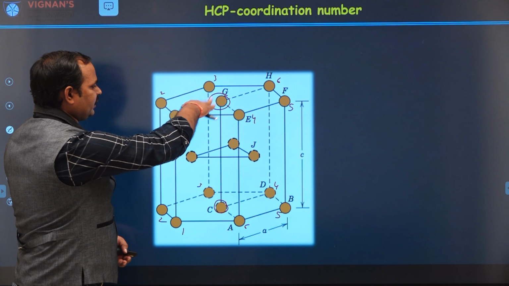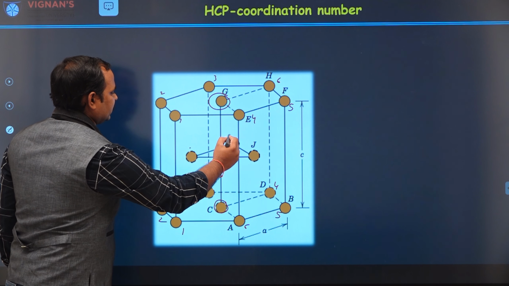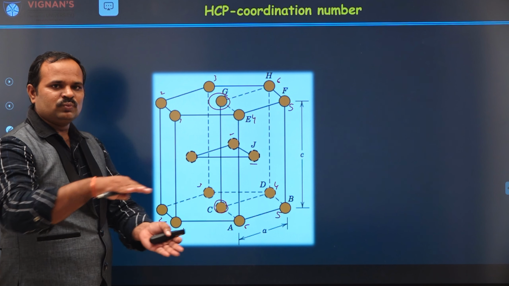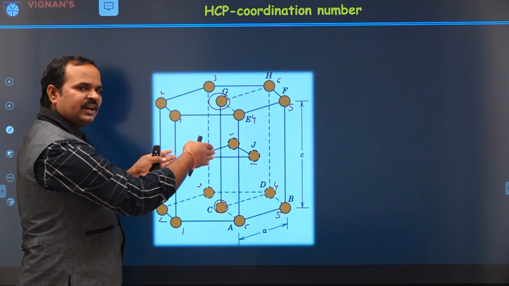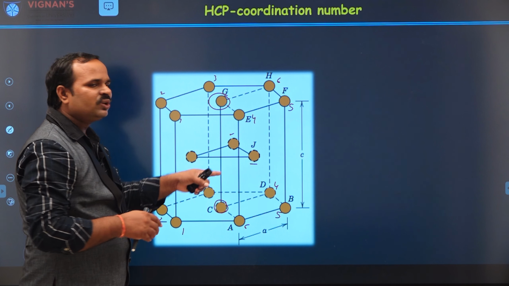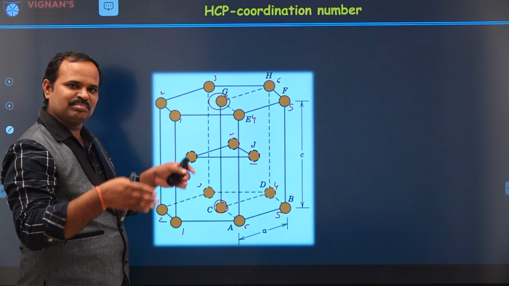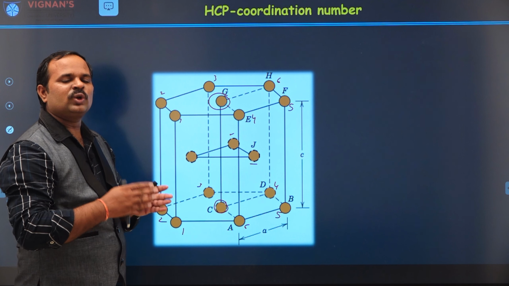In between these, there are 3 atoms, which form a triangle. These 3 atoms are completely inside the body of the unit cell. These atoms are not shared with any other unit cell. This is a hexagonal close packed structure.